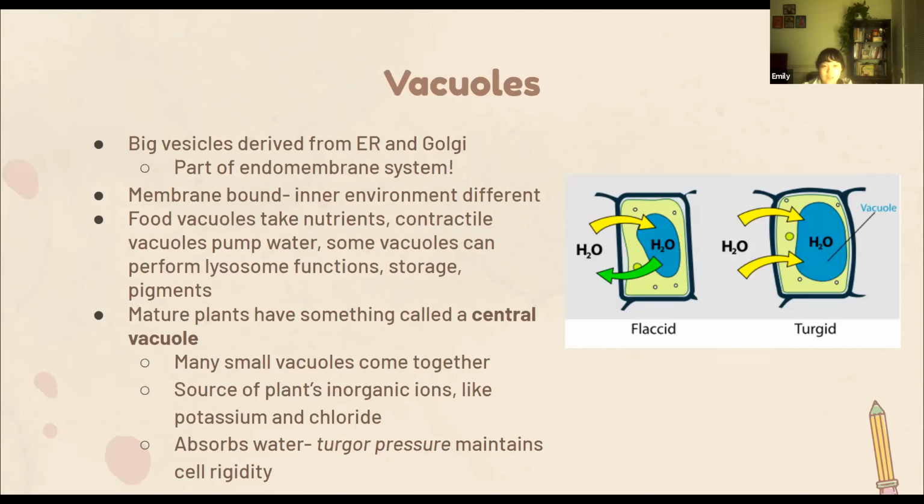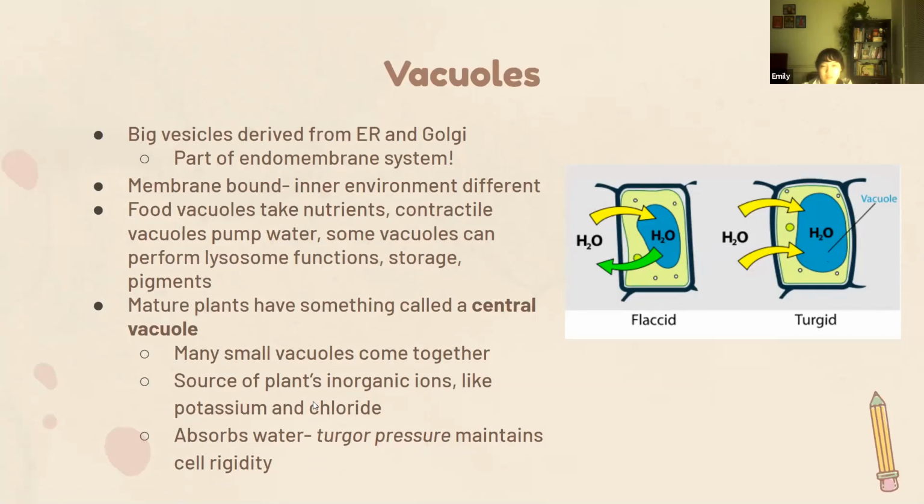They can also absorb a lot of water, and they can actually go up to 96% of the cell's volume. Remember that plant cells have a cell wall, which is a tough barrier outside of the membrane.